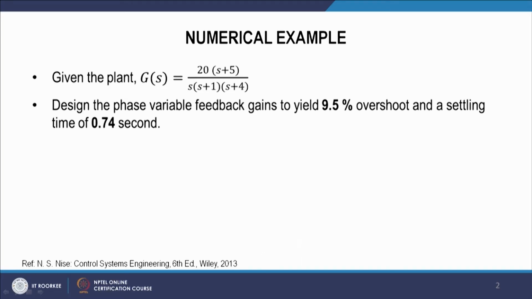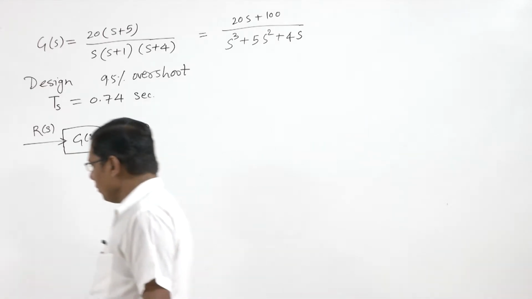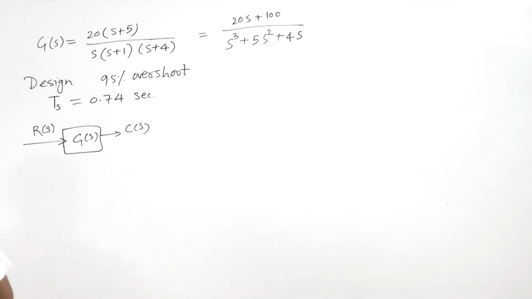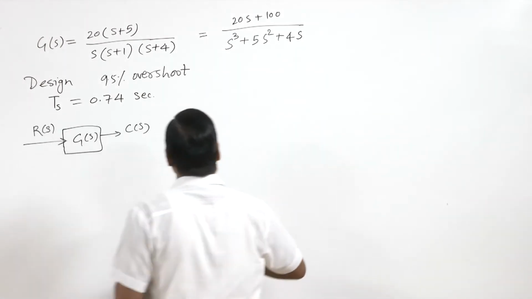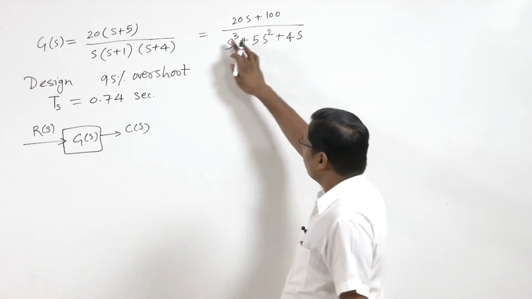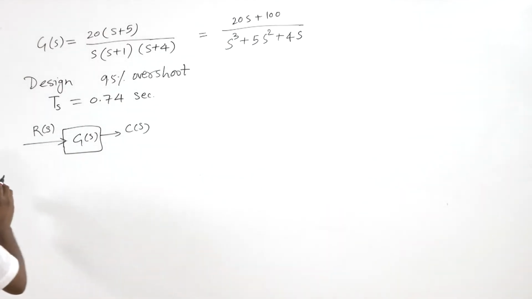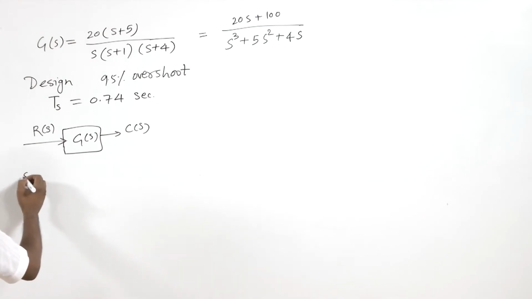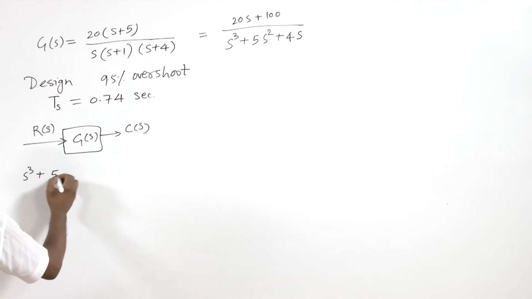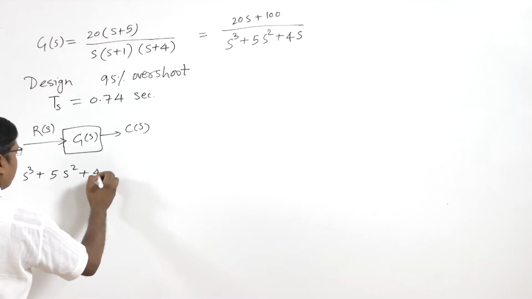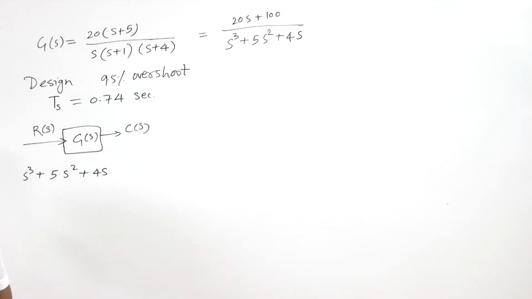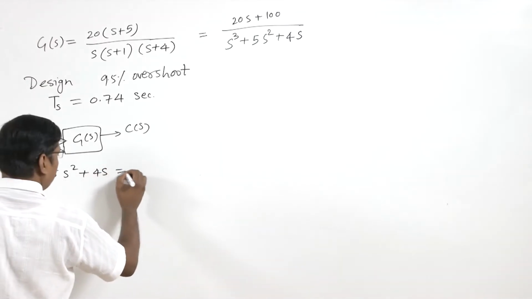So we were discussing that we have this transfer function G(s), and this is the characteristic equation. So we have this equation that is s cube plus 5s square plus 4s equal to 0.